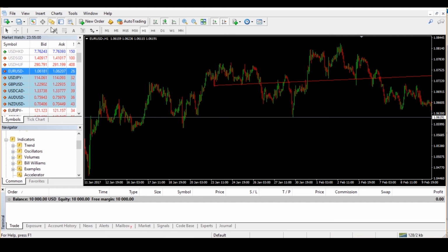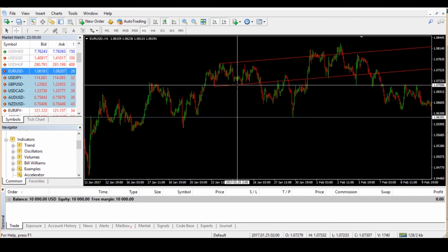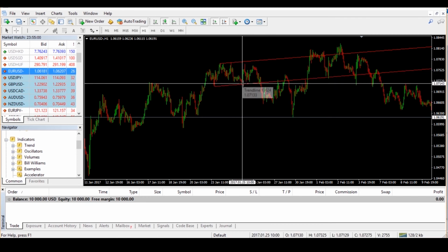You just want to find two parallel lines and see how it breaks out, just to get a gauge of how things are going. So just play around with it. This looks about parallel. We're not looking for something exact, so even if it's slightly off, it's the channel. So we want to figure out the width, so that's 640.